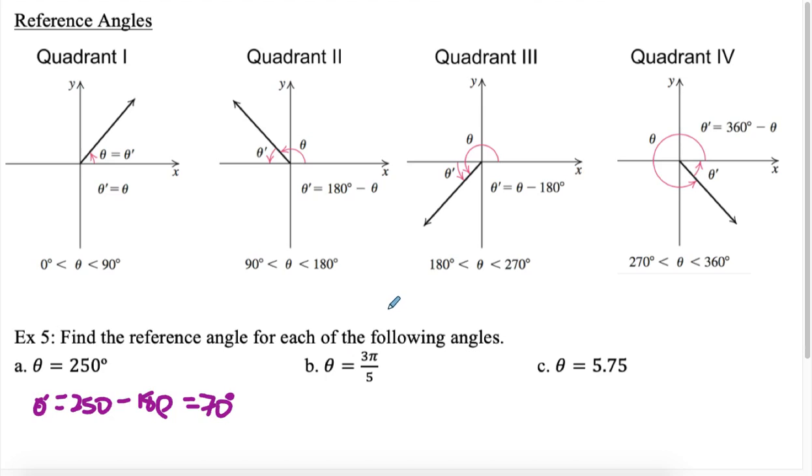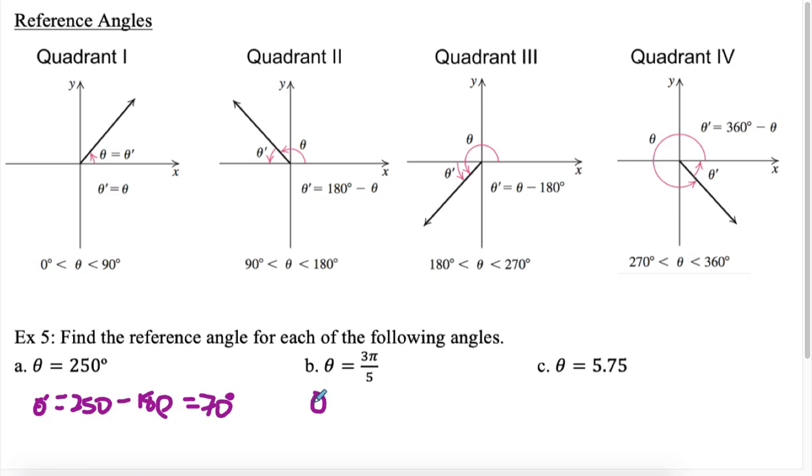So 3 pi over 5 is actually in between pi over 2 and pi. That means we would be in the second quadrant. To get our reference angle, we would take 180 minus theta, or in this case, since we're talking about radians, 180 is pi.